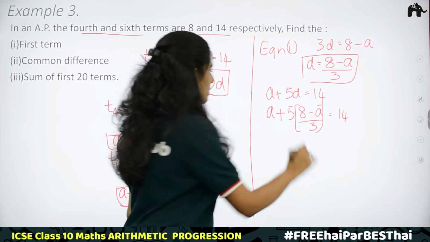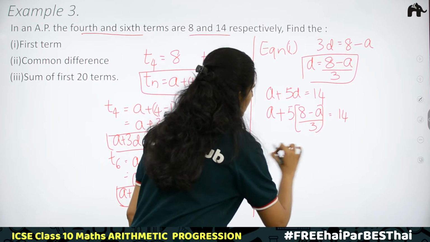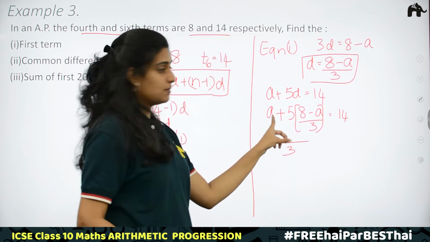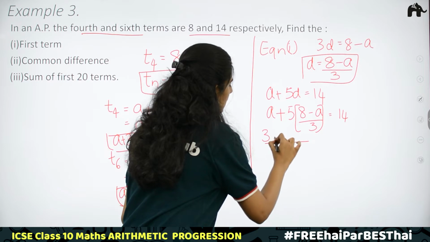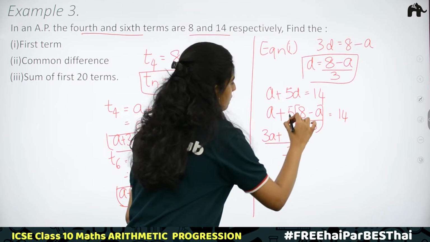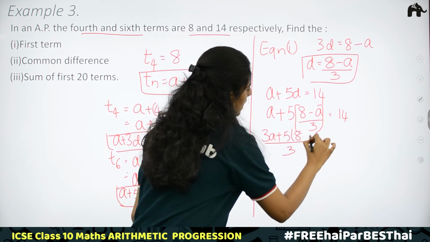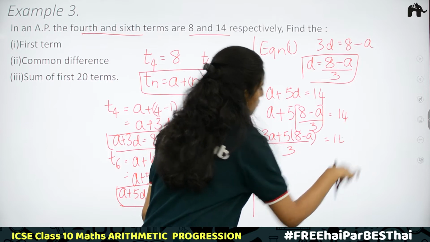Now taking LCM in the denominator, we get 3. This becomes 3A plus 5 into 8 minus A is equal to 14 into 3.